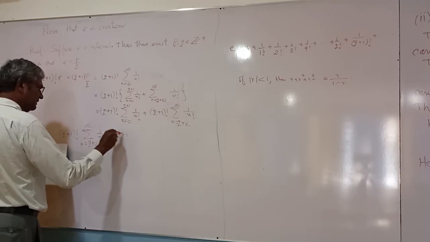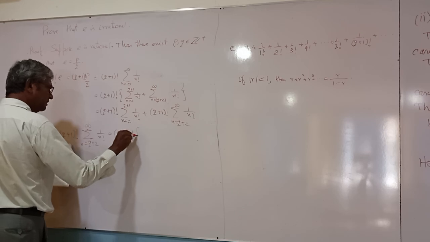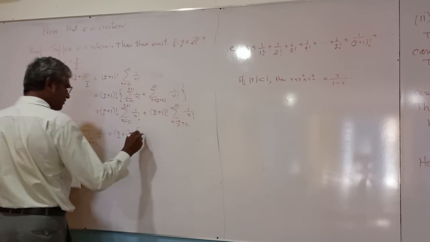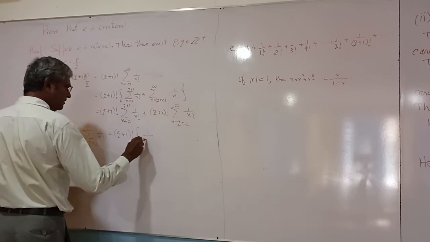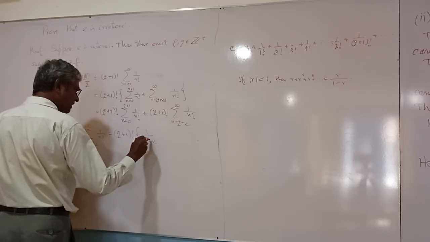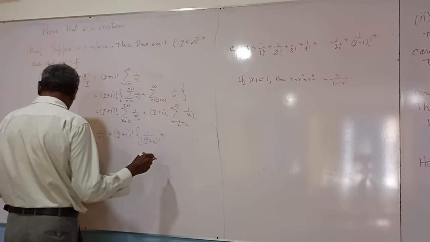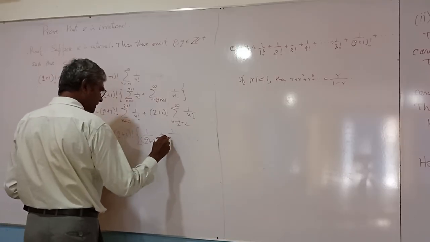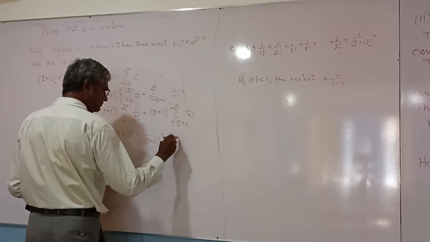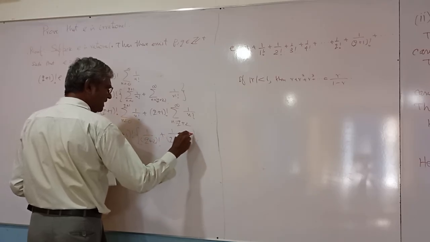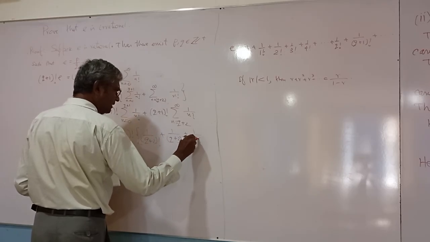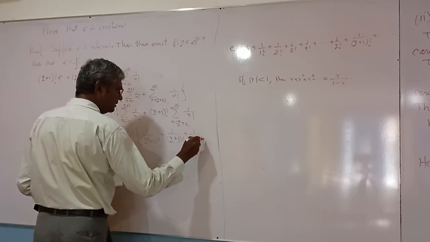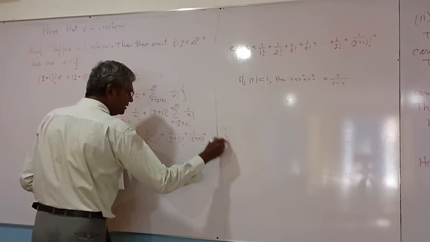This is like Q plus 1 factorial times 1 over Q plus 2 factorial, plus 1 over Q plus 3 factorial, plus 1 over Q plus 4 factorial, like this.